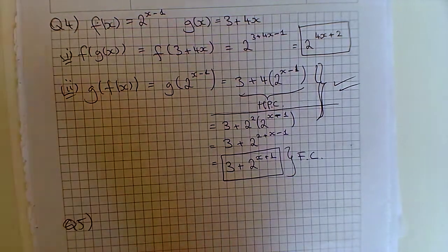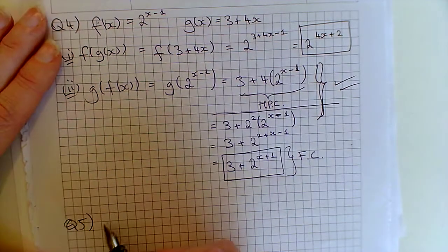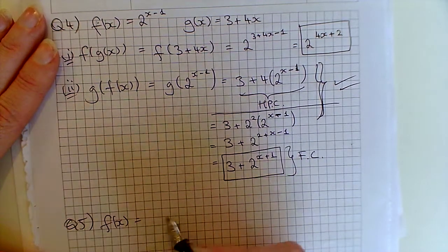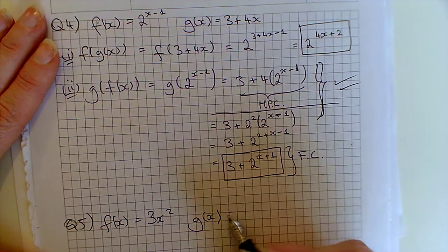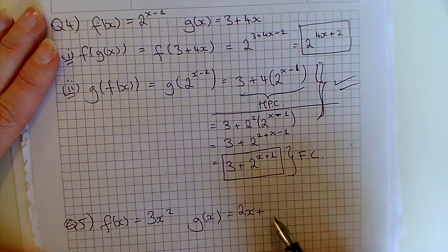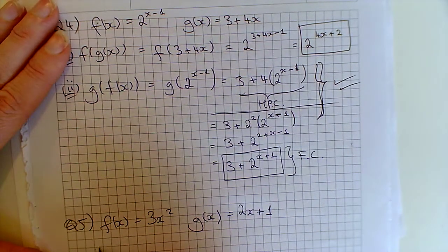Okay, then question 5. We've got f of x equal to 3x squared and g of x equal to 2x plus 1. And first of all, they want us to find f of g of x.